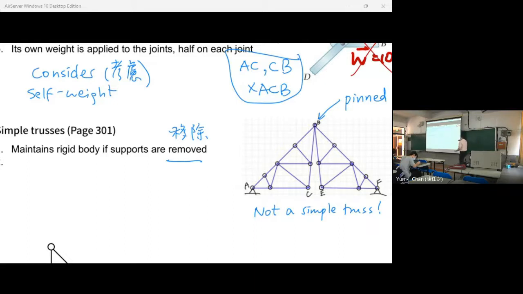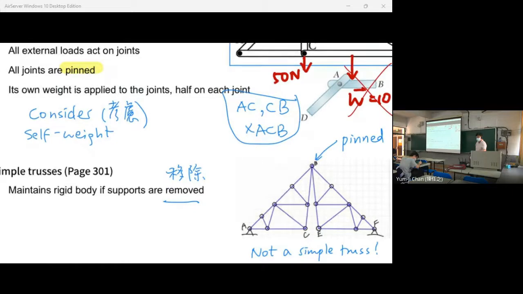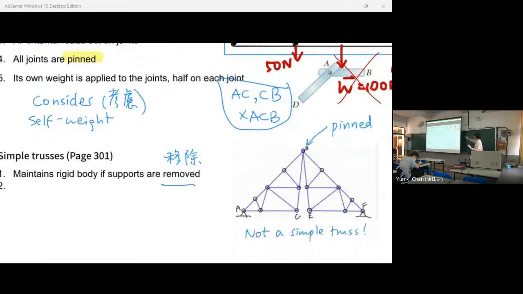So this is not a simple truss. For a simple truss, like the one above, after removing the support, it is still a rigid body. So this is a short introduction to trusses, and I will continue on Tuesday.